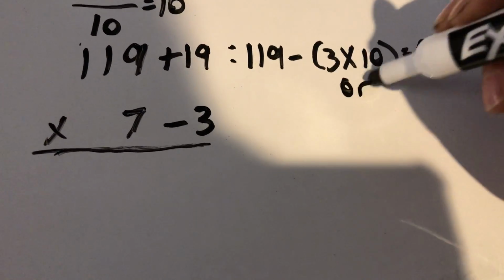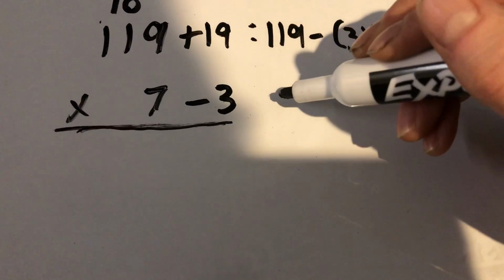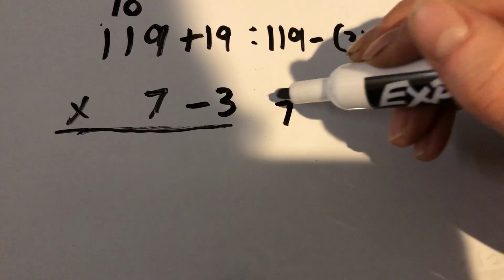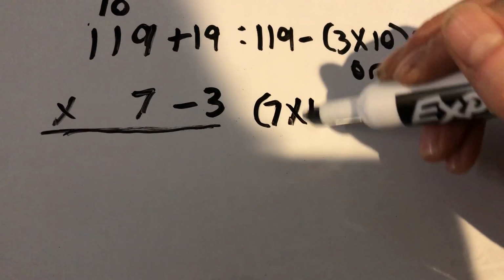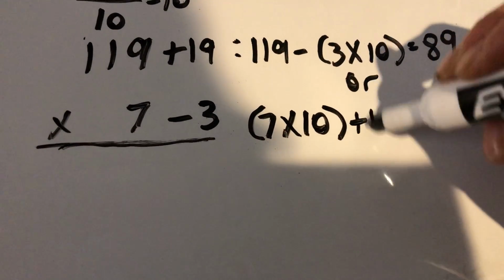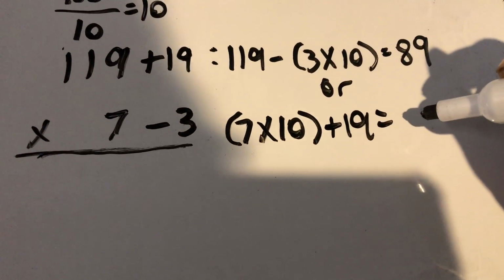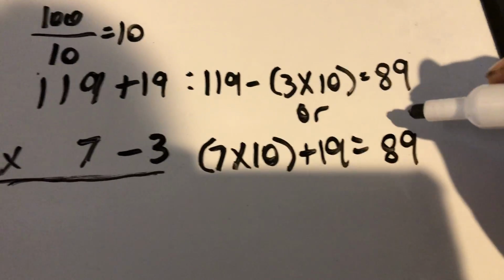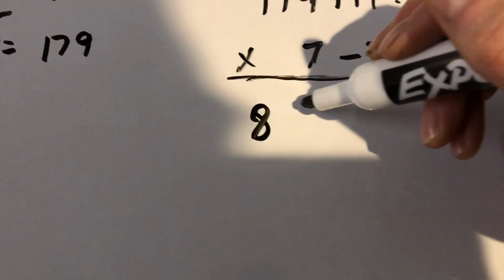Or you can do it this way. 7 times the aspect ratio of 10 plus 19 equals 89. So either way, you'll get 89 on the left side. So write 89 right here.